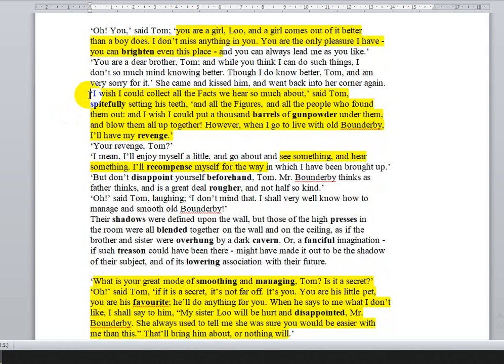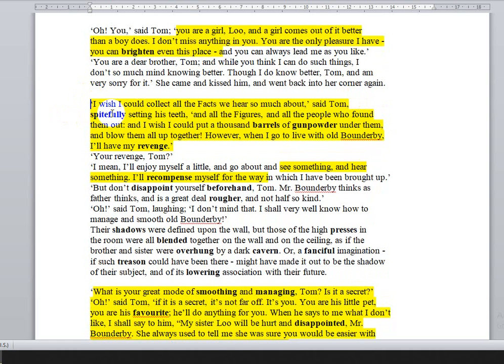Then he mentions this idea, which is important, because of his boredom with the reality he is living. I wish I could collect all the facts we hear so much about, said Tom, spitefully setting his teeth, and all the figures and all the people who found them out.